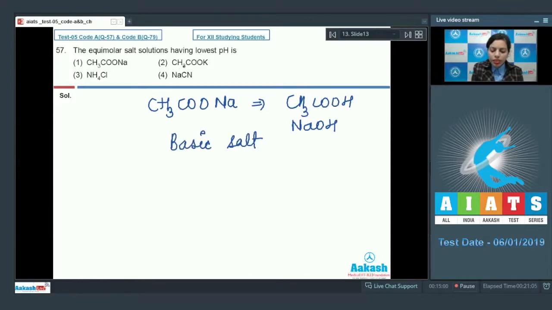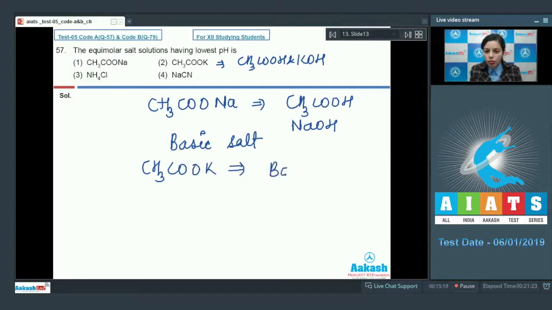The next one, CH3COOK. It is the salt of acetic acid and KOH, potassium hydroxide. It means the CH3COOK is also a basic salt with the pH more than 7. Now, the turn is here for NH4Cl.